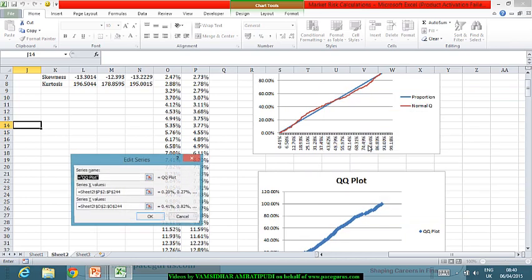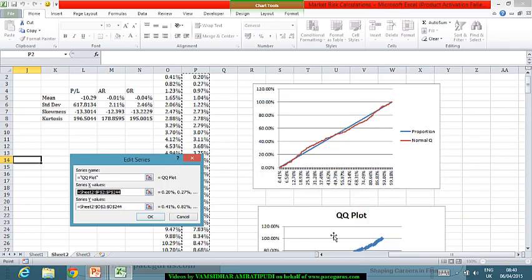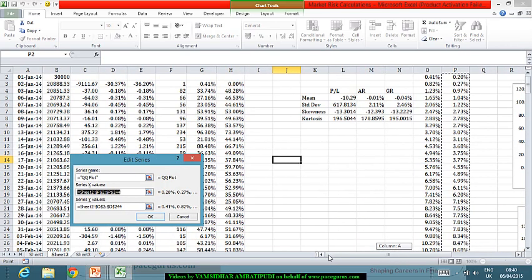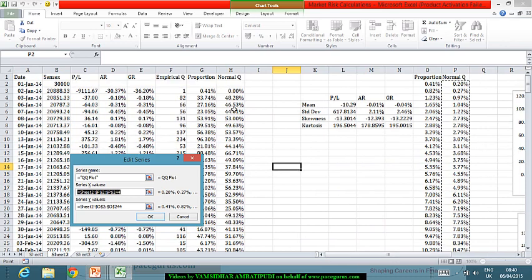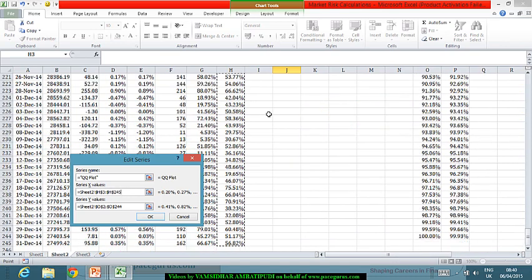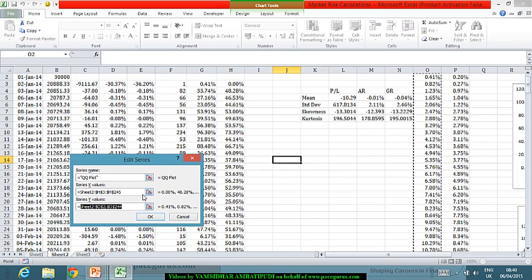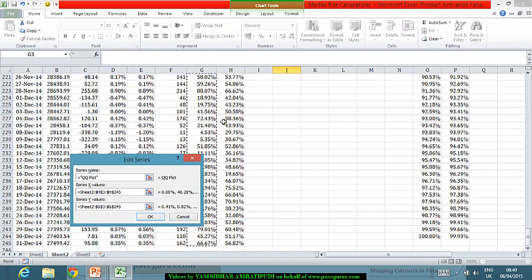I can use the QQ plot wherein on the x-axis I take this data directly, and without doing the sorting, I take this data on the y-axis.